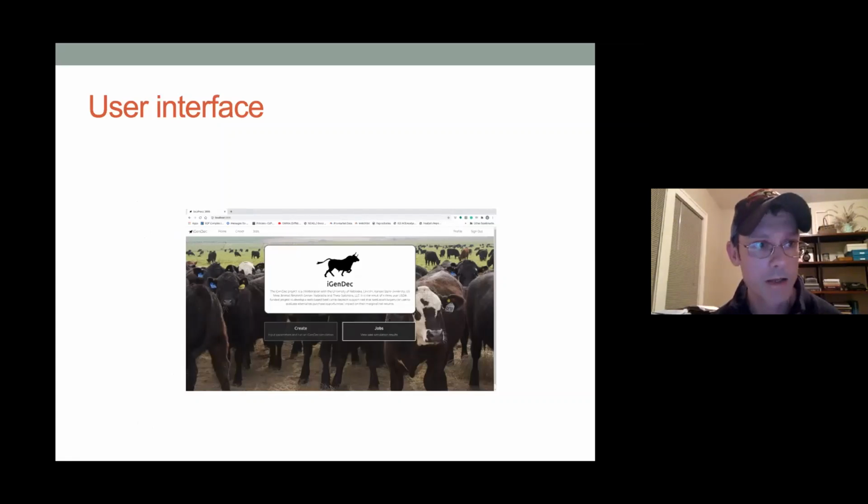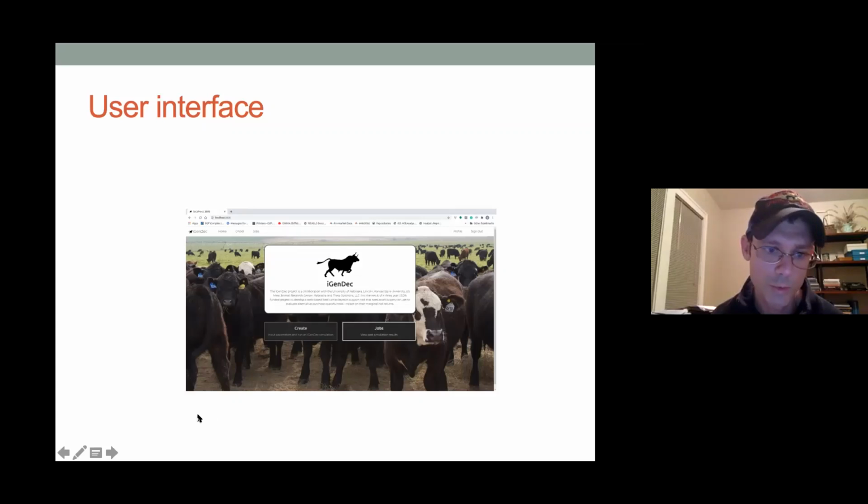Because the reality is it can be cumbersome and confusing. There are numerous EPD, numerous breeds. Obviously, there's an impact of heterosis and there's breed difference, et cetera. And so there's a lot of partial solutions that need to be combined to actually make a decision. That's what iGenDec is designed to do.